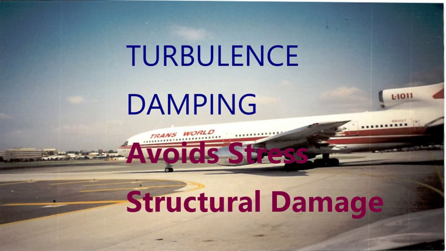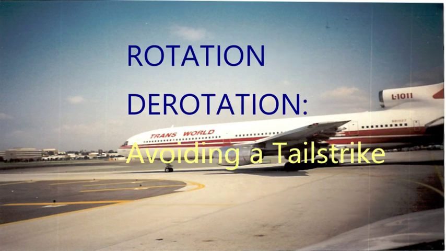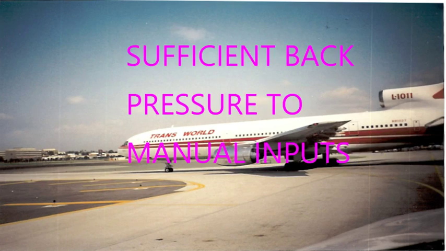Okay, so let's start with the first one. I mentioned rotation and derotation. The pilot has the responsibility to have enough back pressure on the manual inputs so that it can get that nose wheel up and off, those wheels off the ground, so it can take off.